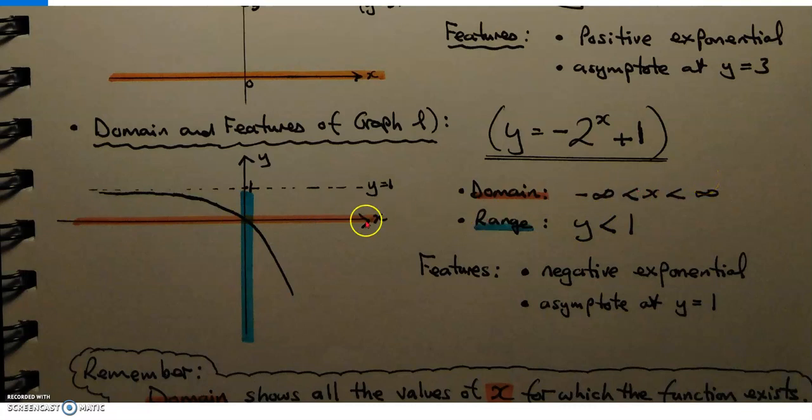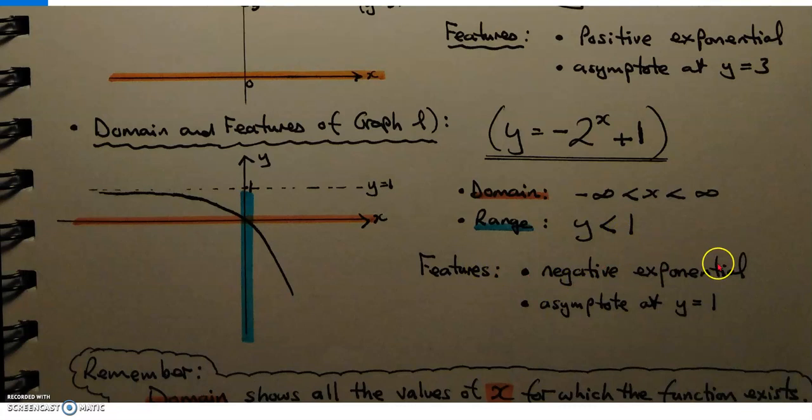The range this time, you have to be careful here, because y this time has to be less than 1, okay? Because the graph exists for all the y values in this direction. It does not exist for y values greater than 1 or equal to 1, okay? So it's important you get that inequality statement the right way round.